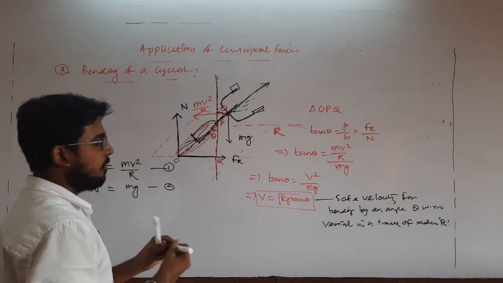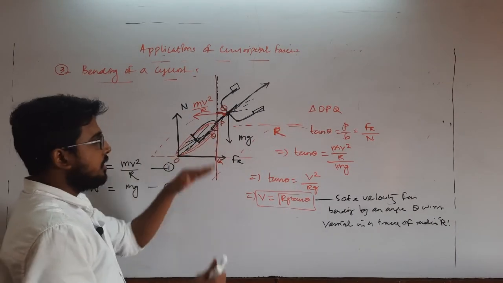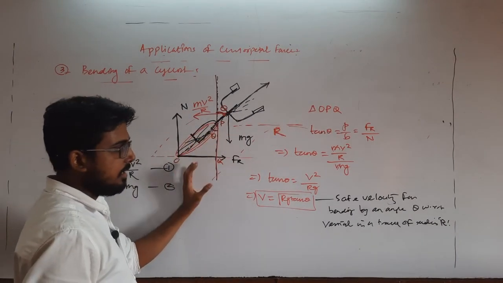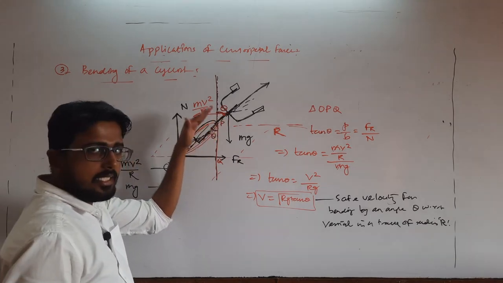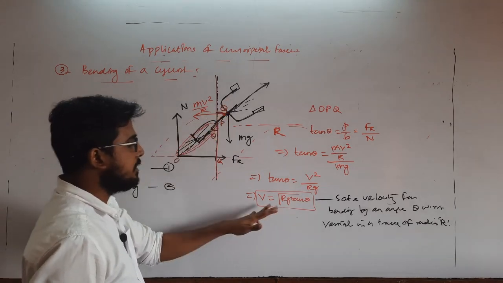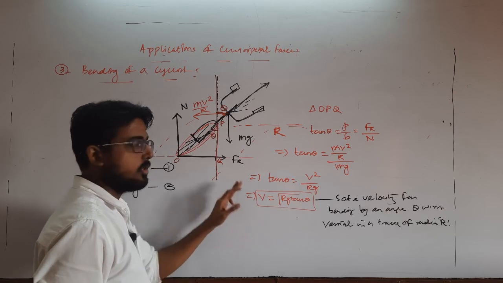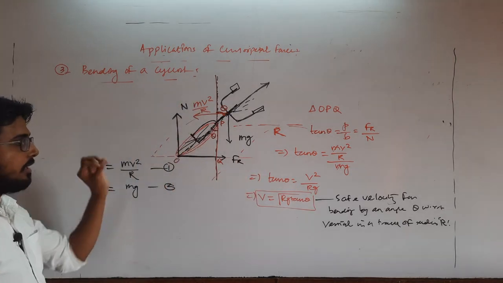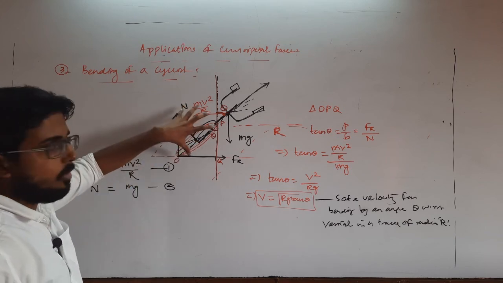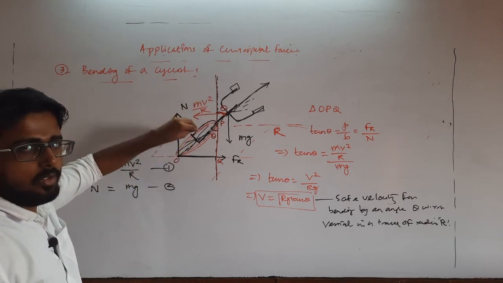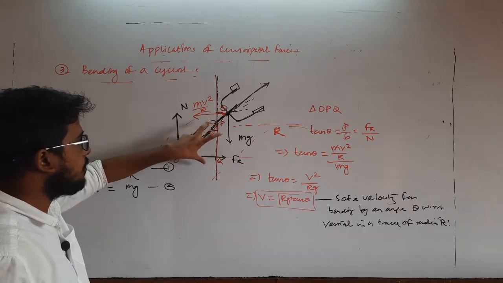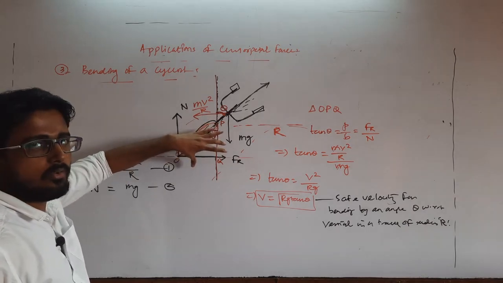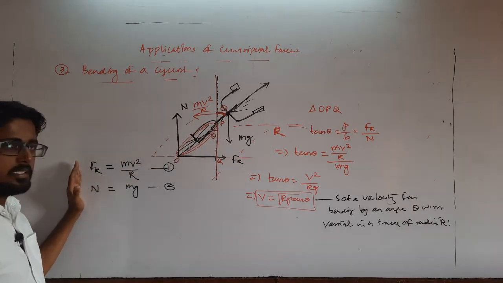Okay, if the radius of the track is r and the cyclist can bend up to an angle theta, then this will be the maximum safe velocity with which the cyclist can take the circular turn. Clear? And in this case, as the complete cyclist is in equilibrium, the total force in the vertical direction must be equal to the total force in the horizontal direction, and this is the equation.